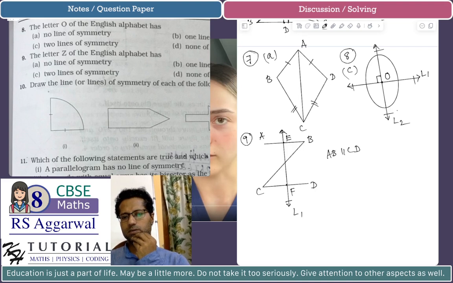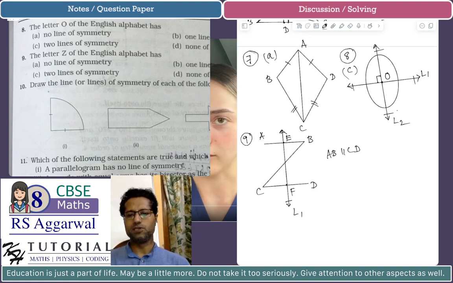But if I draw a line parallel to AB and CD, but passing through the midpoint of BC, let's say this line PQ is parallel to AB and CD, and it is also bisecting the segment BC.